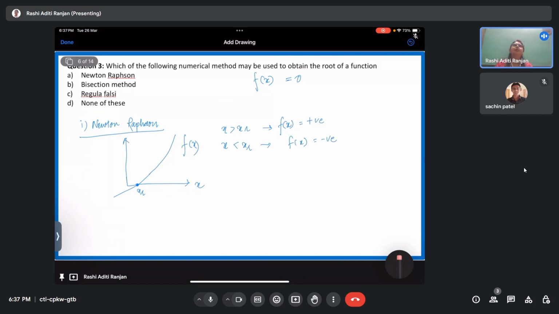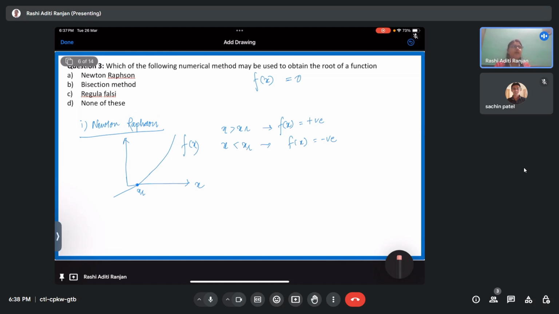I am going to find a relation. The Newton-Raphson method says that you consider a point, intuitively. Since I have dealt with so many equations since my childhood, I have some intuition developed in me.